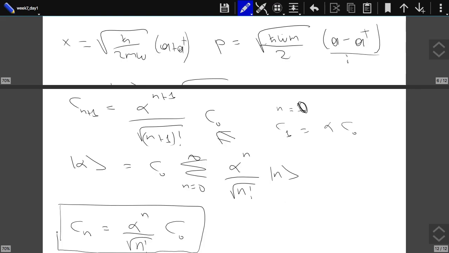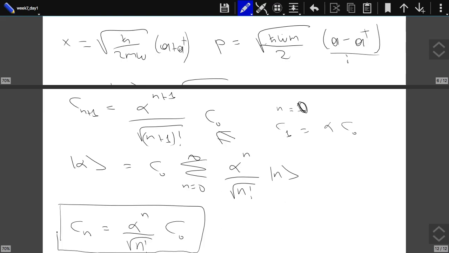You see, alpha is the eigenvalue. Give me a complex number. You can choose it to be 0, alpha to be i. Whatever the value of alpha is, there is always a ket called alpha.